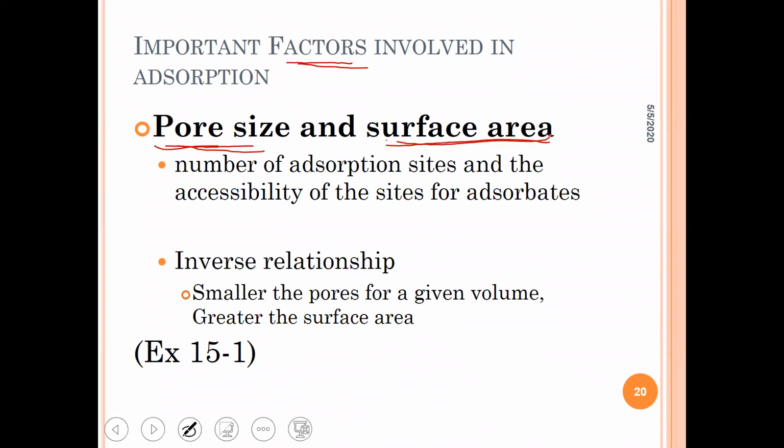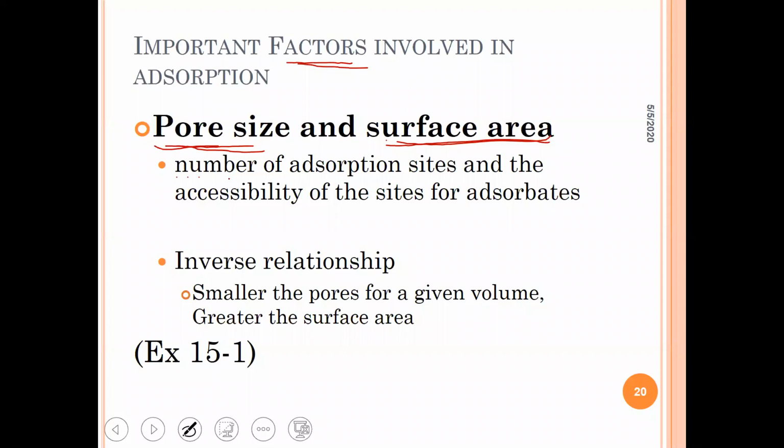If we have a larger surface area, then we will have more sites available for the adsorbate. If pores are smaller, then more surface area is available and adsorption is likely to be better.